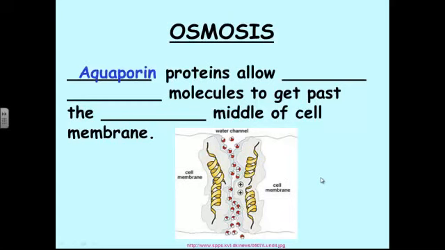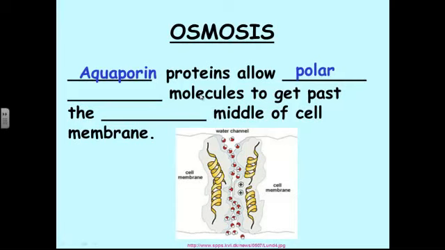And they're called aquaporins. Look at the name. Aqua means water, Aquaman. In Spanish, agua means water. And we had this little pore word before. Remember we talked about nuclear pores, pores in your skin, they're openings. And aquaporins are proteins that make openings to allow those very polar water molecules to get past the middle of those phobic tails in the cell membrane.